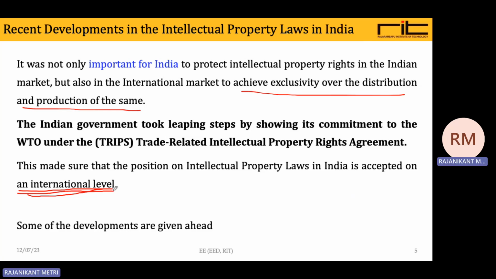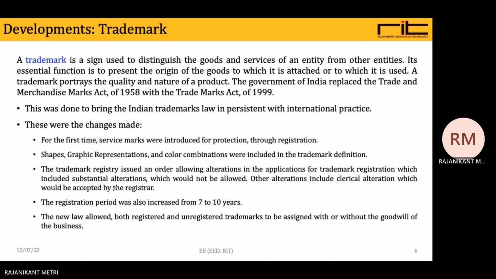So what are those developments? We'll see one by one. First we'll start with the trademark, and already we know that a trademark is a sign used to distinguish the goods and services of an entity from other entities.